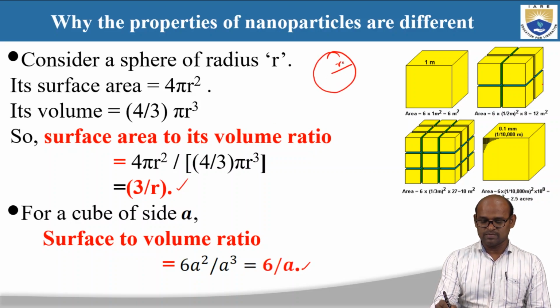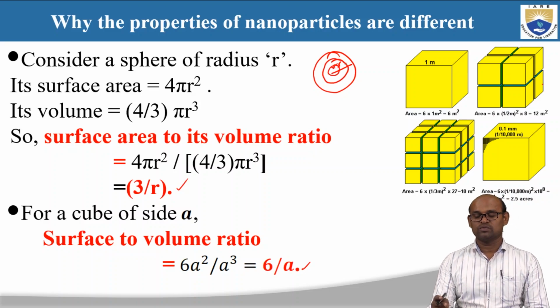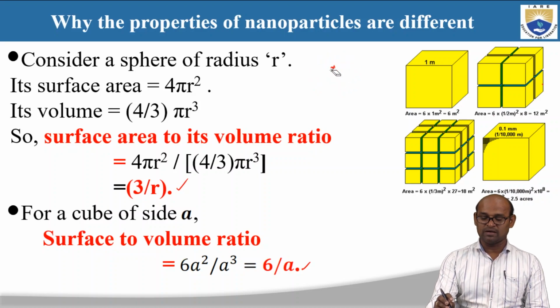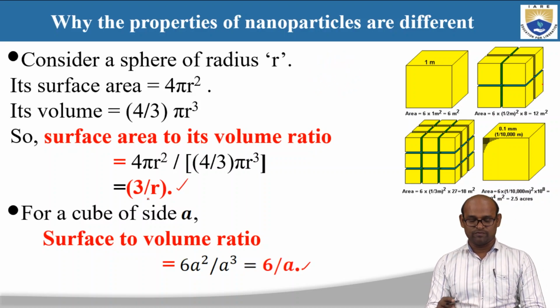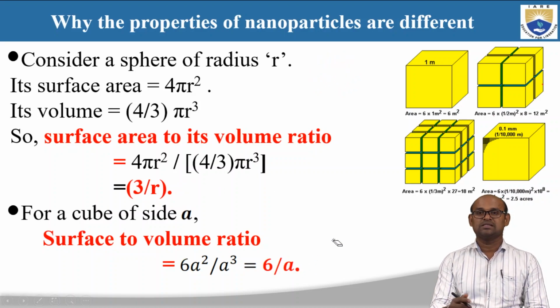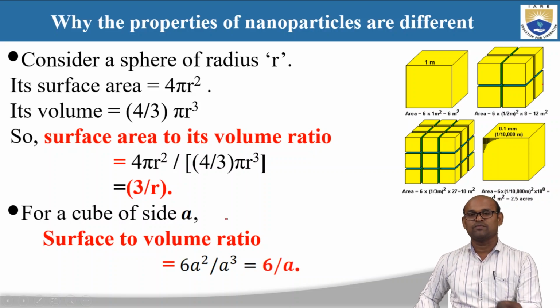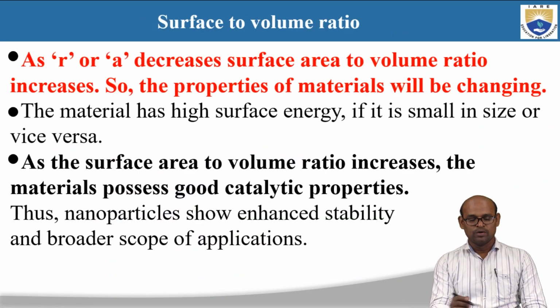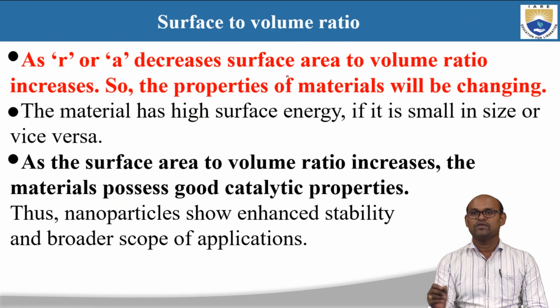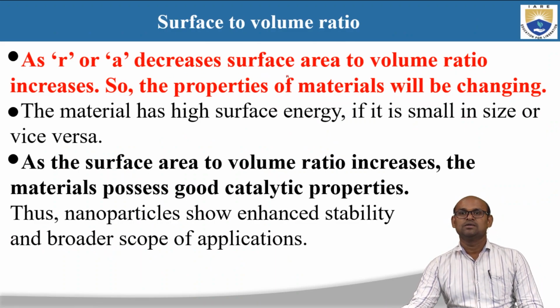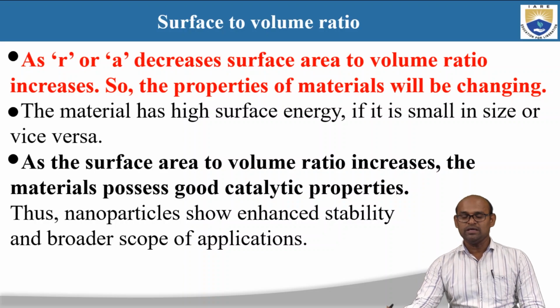I reduce the size of the sphere to R by 2. As I reduce further, R by 4. So as I decrease the size of the sphere or cube, the surface to volume ratio increases. It's clear from the equation of the surface to volume ratio. So the properties of materials will be changing.